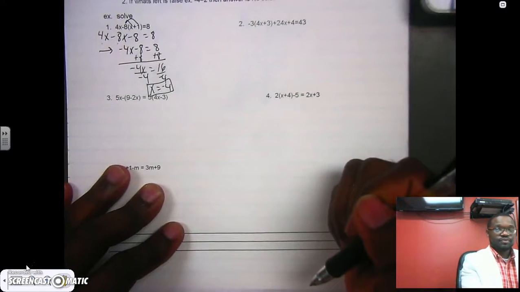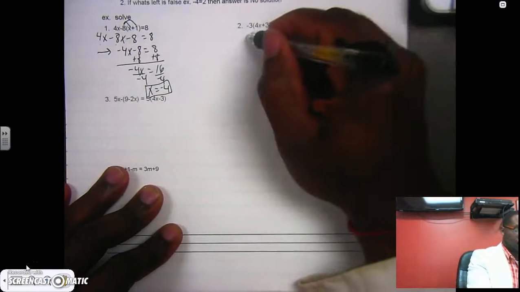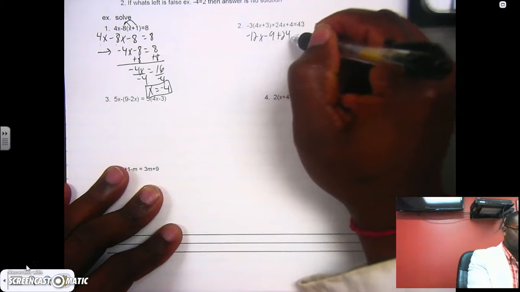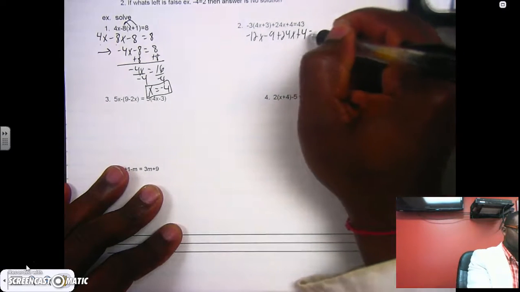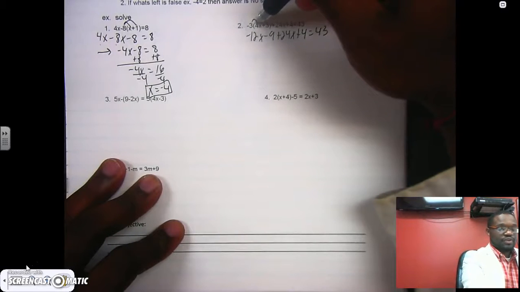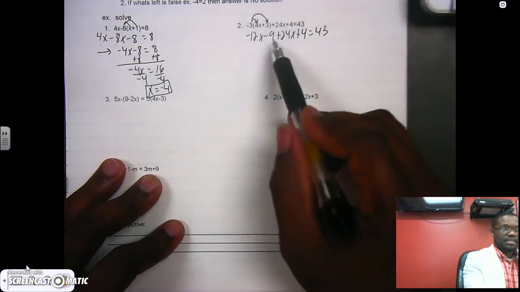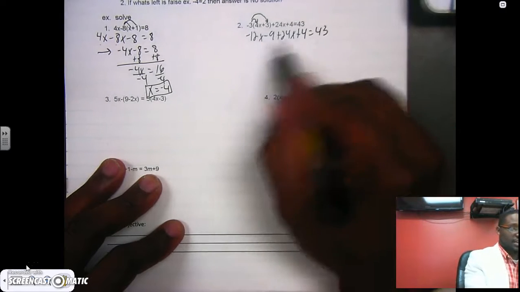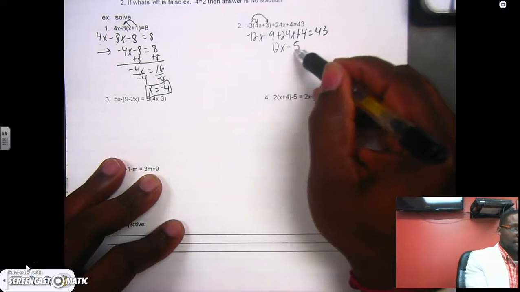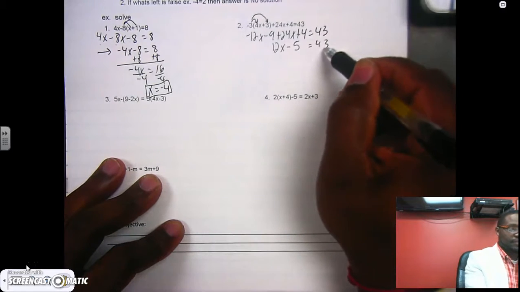Number 2 starts off negative 12x minus 9 plus 24x plus 4 equals 43. How did I get this right here? This negative 3 times 4x gave me negative 12x, and negative 3 times 3 gave me that negative 9 there. So as I combine like terms, I'll have 12x minus 5 equals 43.